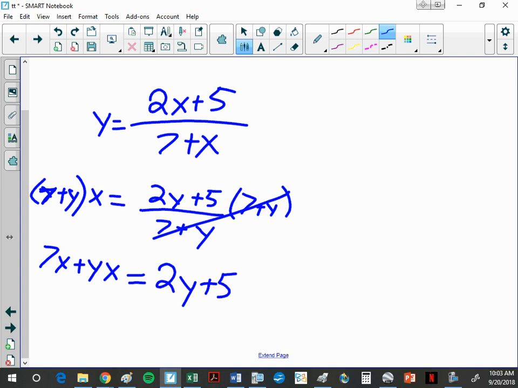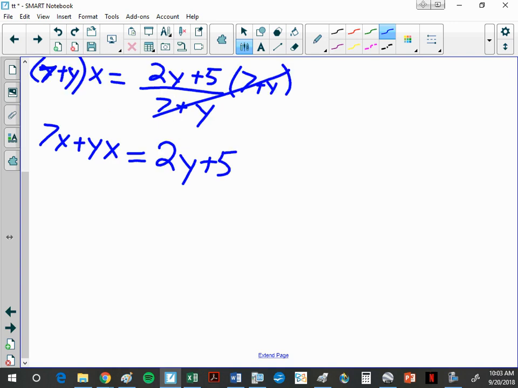I have a yx and a 2y. So I don't think you've ever had to solve a problem like this before, but I'm going to put all the y's on the left and everything else on the right. So yx, and I'm going to subtract 2y, is equal to 5 minus 7x. Everybody see that? Now, how can I get the two different y's into a single y?